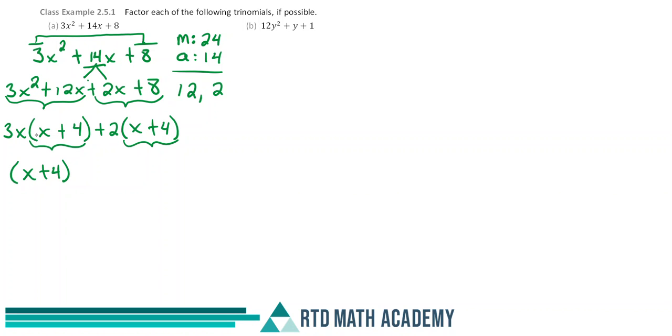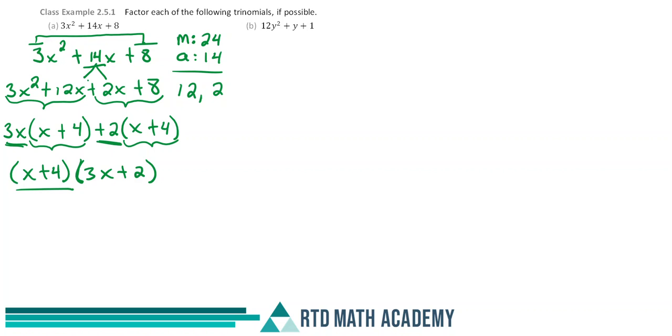And what's left is 3x plus 2. Okay, so that's really what happened. But if you want a quick, easy way to look back on that, notice that one of our factors was the one that showed up twice, and the other factor was what's left. And that's it. That's how we factor those more complicated ones.